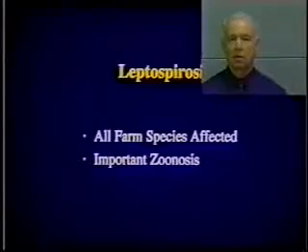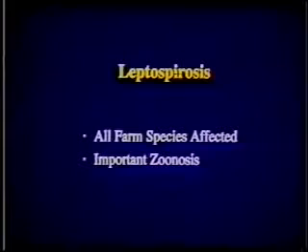Here is a slide showing the Erysipelothrix infection on the skin of an affected human. There is no vaccine that is used in humans, but the control of the disease in pigs is through the use of vaccines.